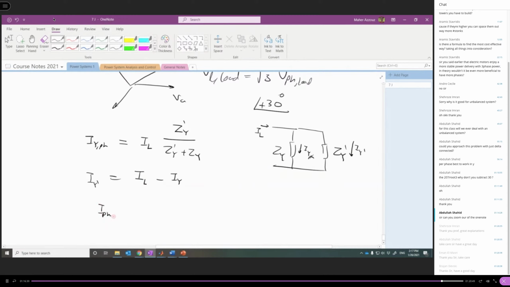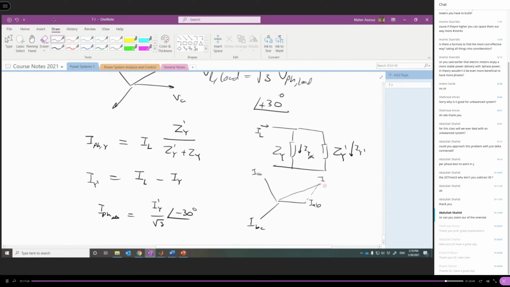So for I phase delta, and to be consistent here, this is I phase star. For I phase delta, what you need to do is divide this current by √3, and subtract 30 degrees, because if this is I_AB, this is I_BC, I_CA, the line current will be leading by 30 degrees.